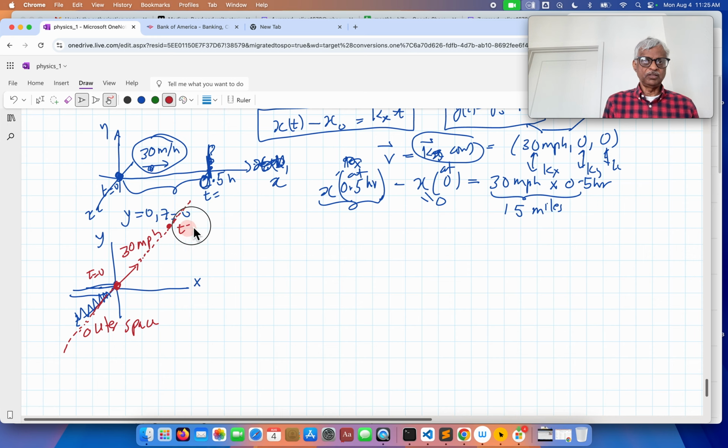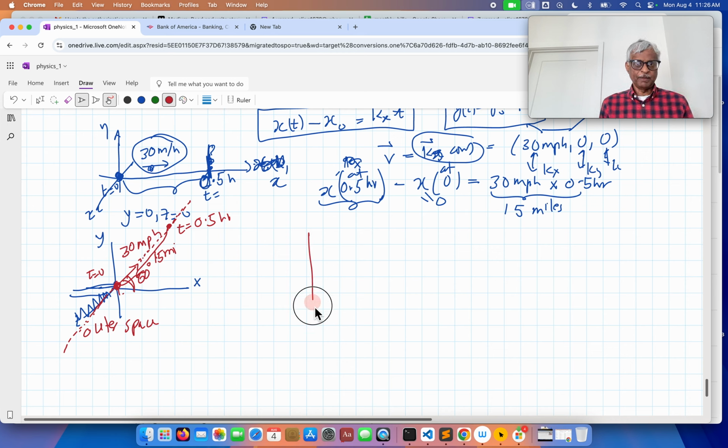At t equals 0.5 hour, on the path, it would have gone, we already know, 15 miles. It will be 15 miles along that path. Let's say this is 60 degrees. Let's call it 60 degrees, okay?